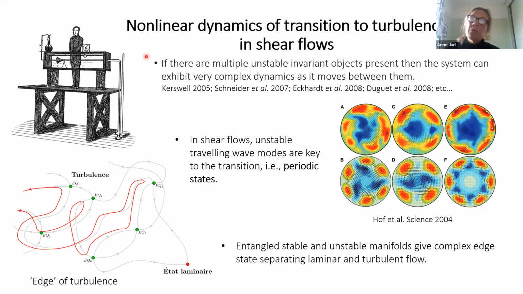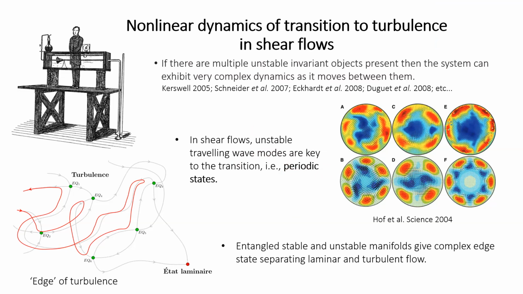And what's been found in these types of systems is that the key modes are unstable traveling wave modes, and they're key to the transition to turbulence, and these are essentially periodic states.